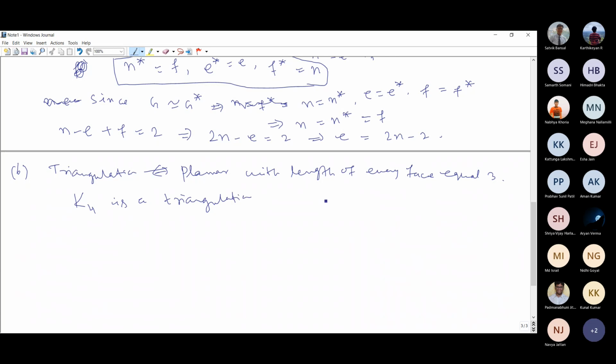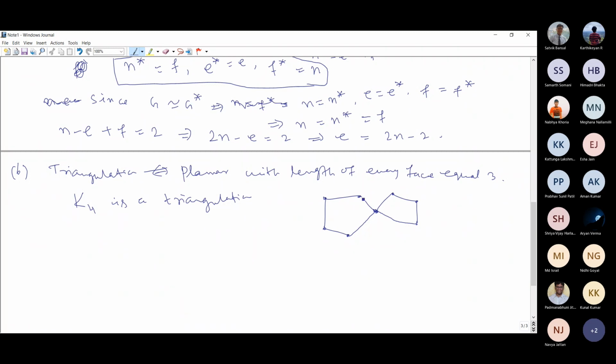And see maximal planar. Suppose you have a planar graph like this. See, this is not a maximal planar graph. Maximal planar graph and triangulation are actually the same thing.